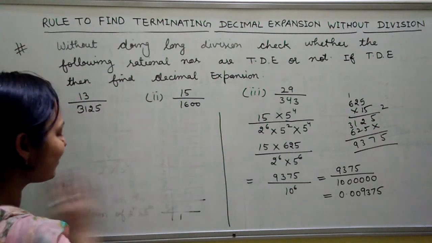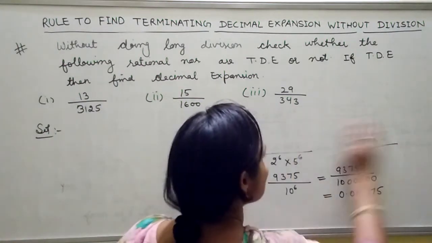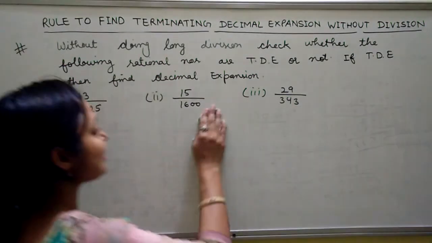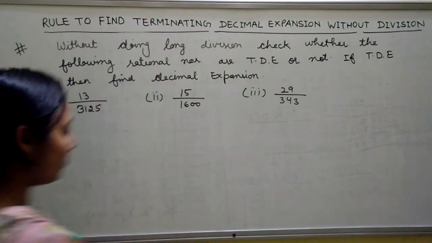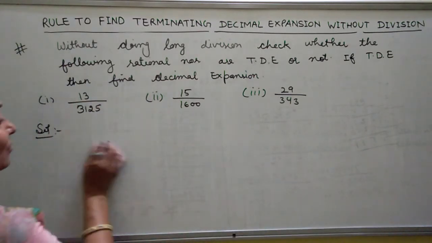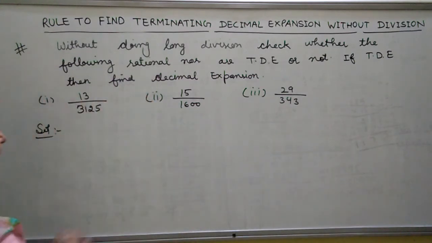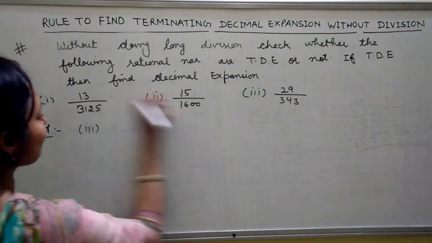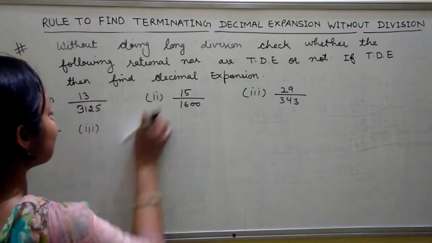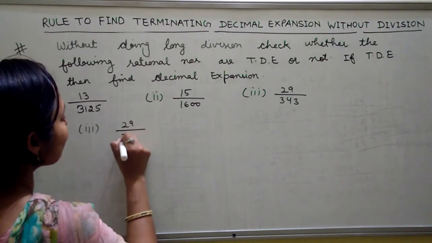The third part is very easy. We have to check whether it is a rational number with a terminating decimal expansion or not. We have 329 upon 343.